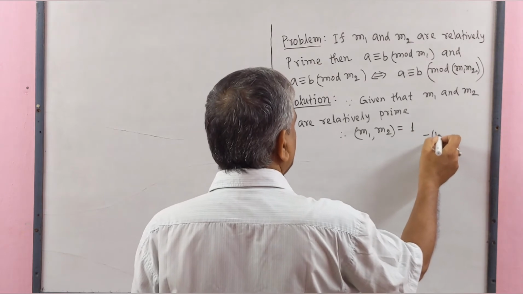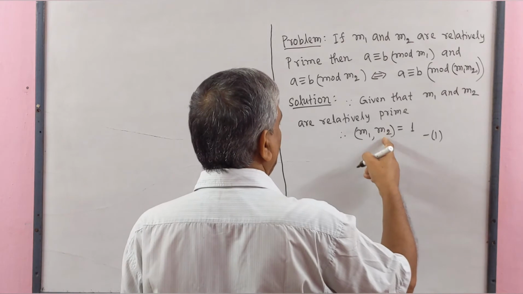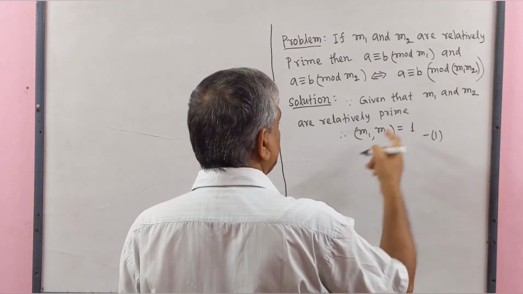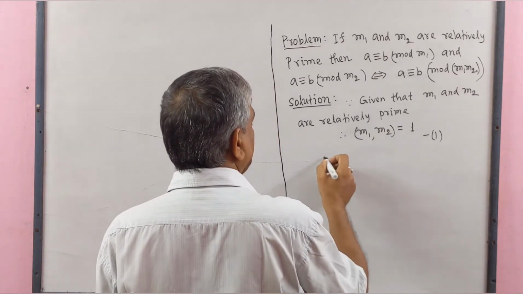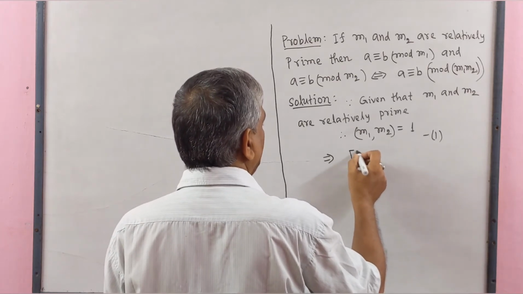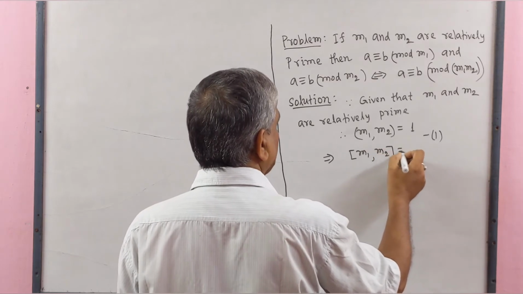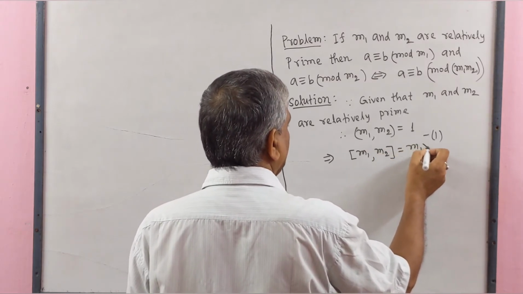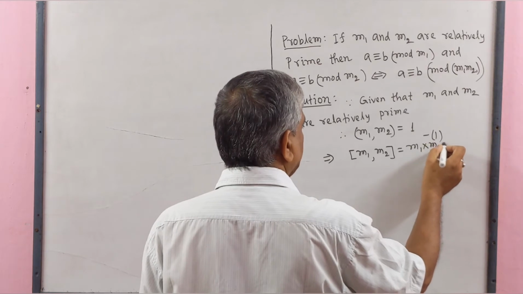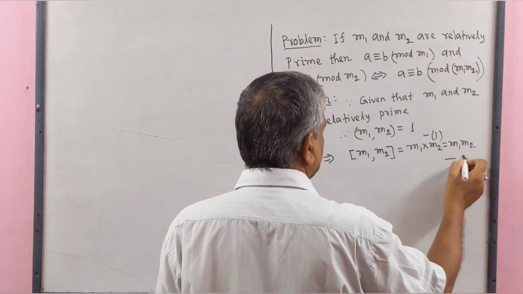This is number 1. If GCD of m1 and m2 is 1, implies that LCM of m1 and m2 equal to m1 multiply m2, that is m1 m2. This is number 2.